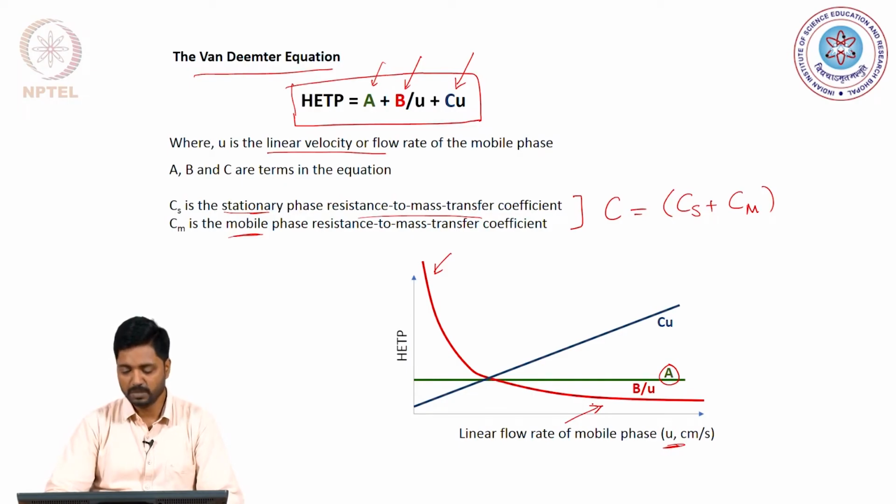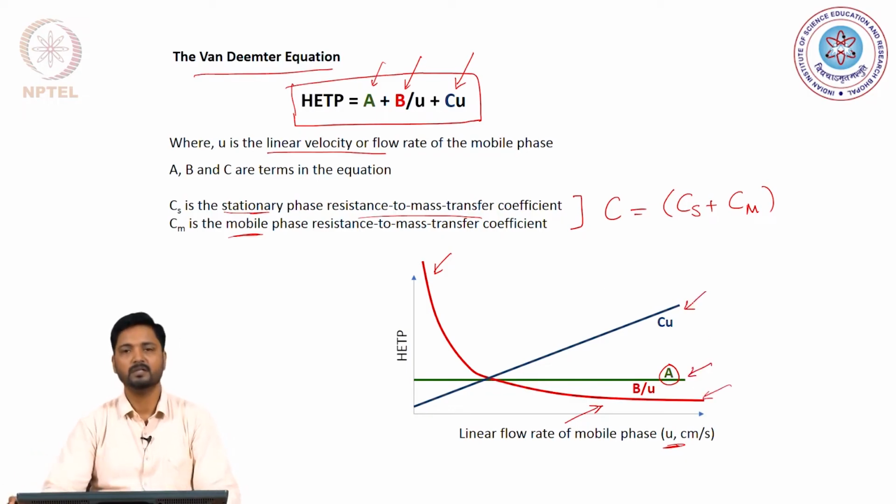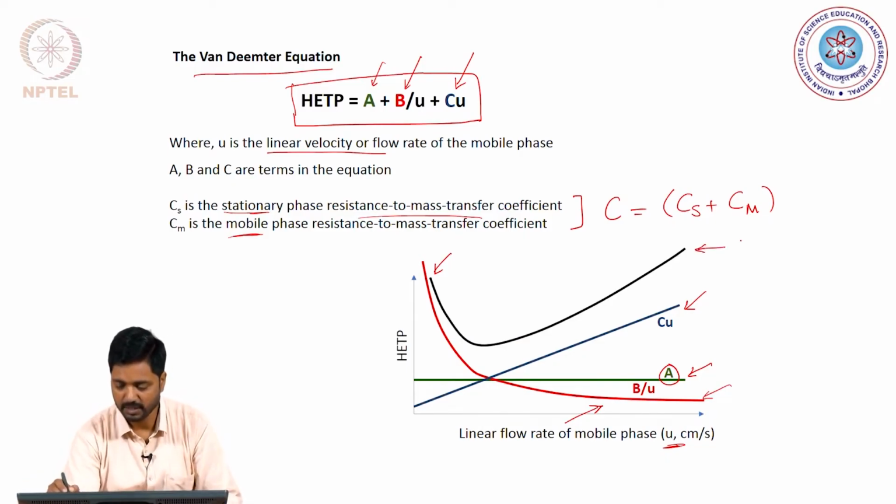So, we observe that these three terms have very different sorts of changes as the solvent flow rate is increased, and a composite effect of these three terms is the actual change in the HETP value or the plate height with the solvent flow rate, which is shown in the black profile.